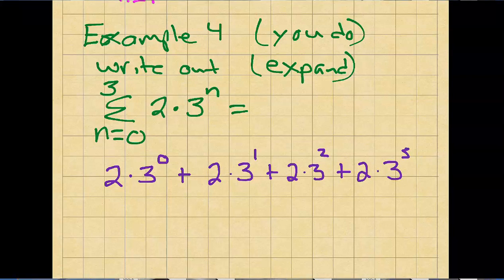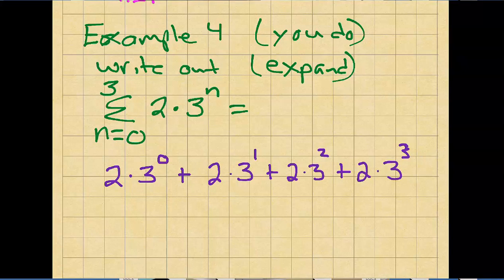You notice that index goes up by 1 each time. And because it's a sigma, that's where the summation comes in. And you can see we started at 0. We ended the index at 3.